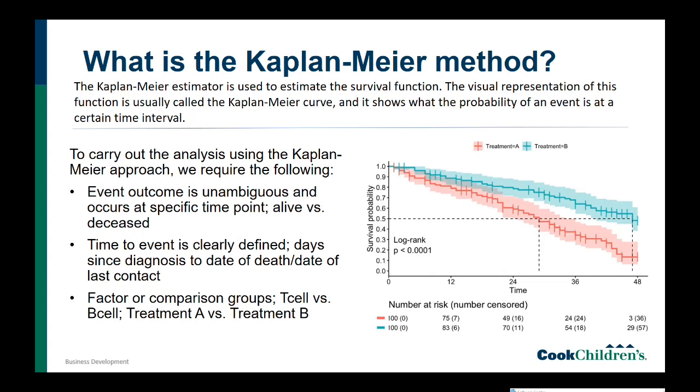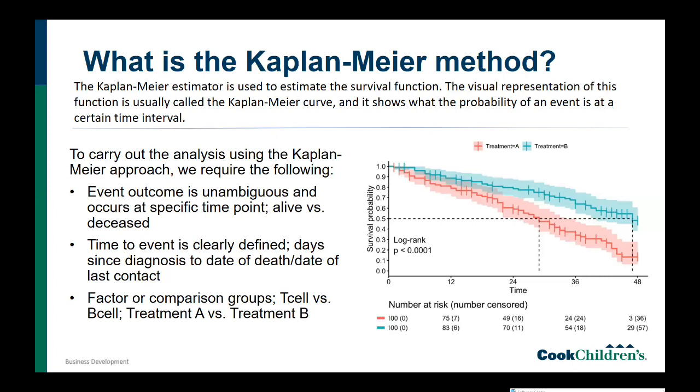You can use any event. Like I said, event-free survival uses relapse as their event choice. And we'll go into that. The next required variable is time. So you have to have your time to your event to be able to graph this. It has to be clearly defined, and you can use days, months, years, however you want to define it is totally fine.